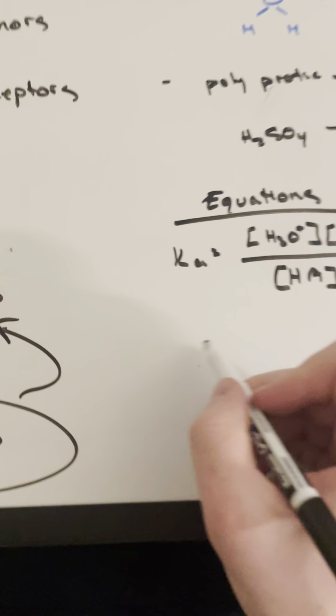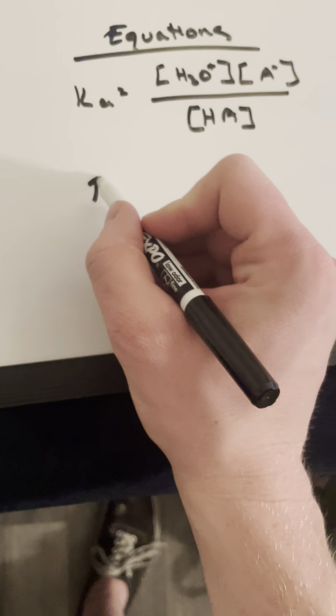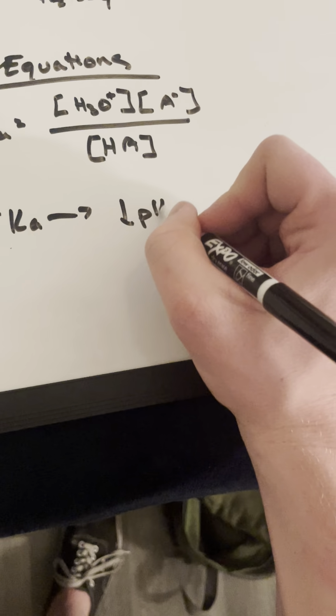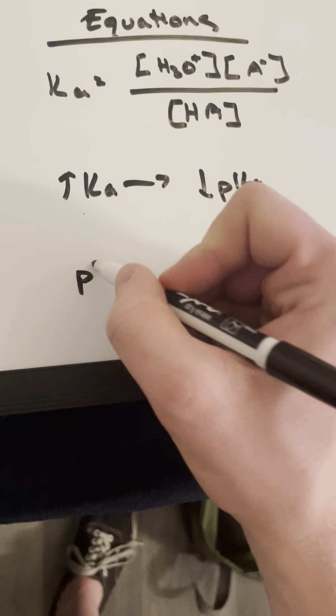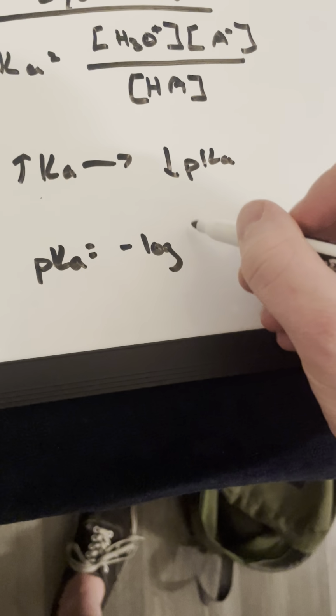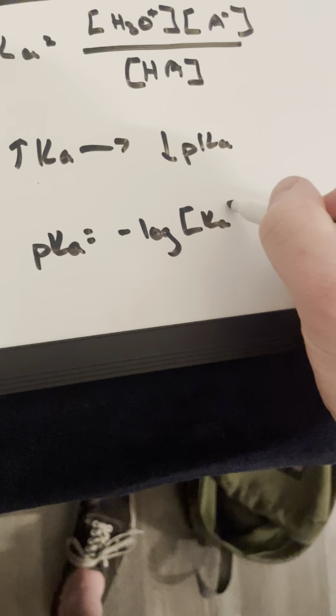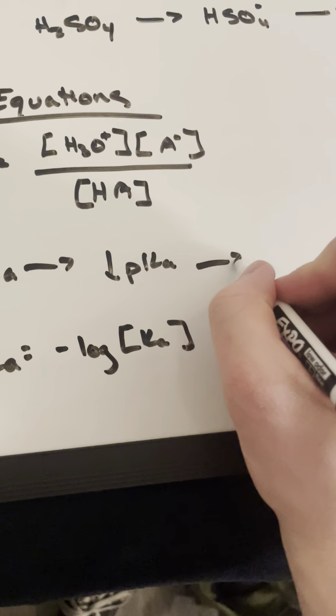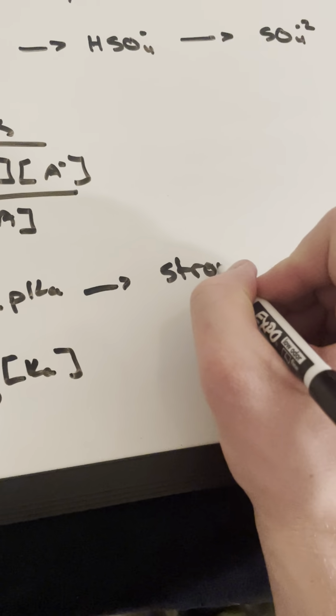And then for Ka, if we have a high Ka, then that means we're going to have a low pKa, because pKa is going to equal the negative log of Ka. But low pKa's mean strong acids.